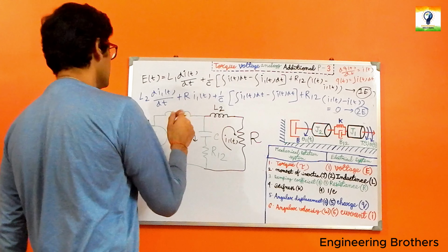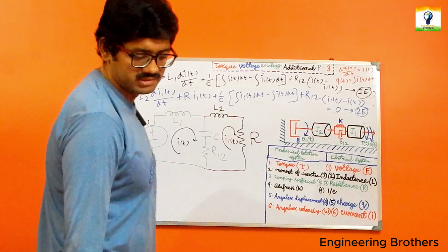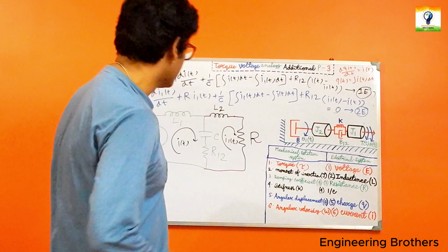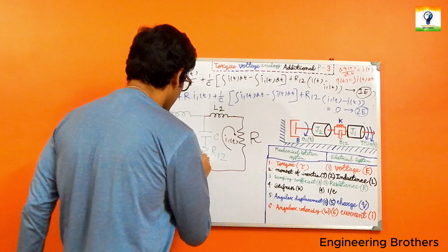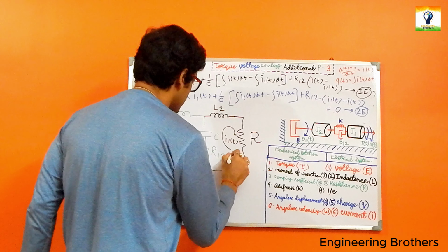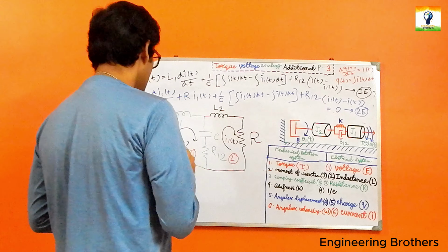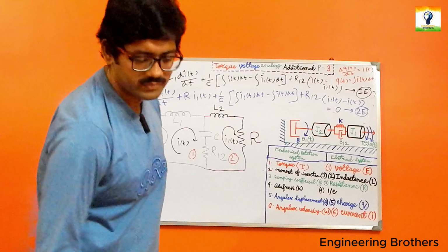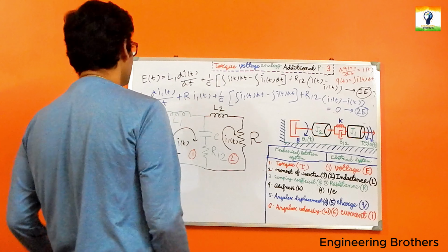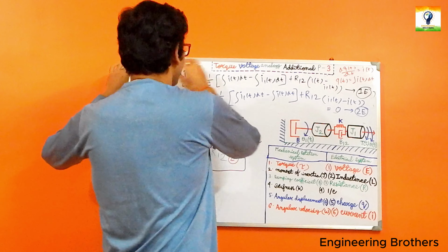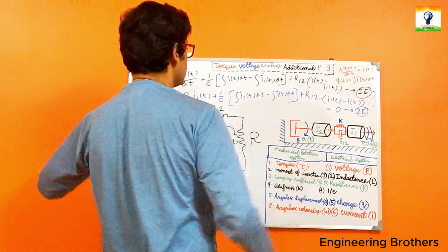If you do apply the KVL, say this is our loop 1 and this is our loop 2 in this way. Now, if you do apply the KVL at our loop 1, we will definitely have the first electrical equation over here.